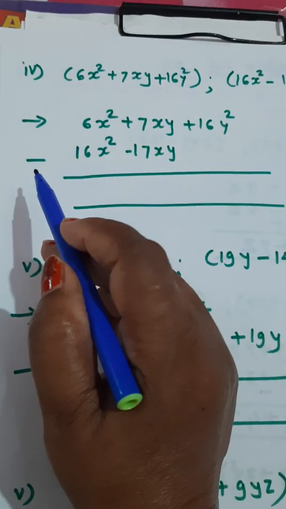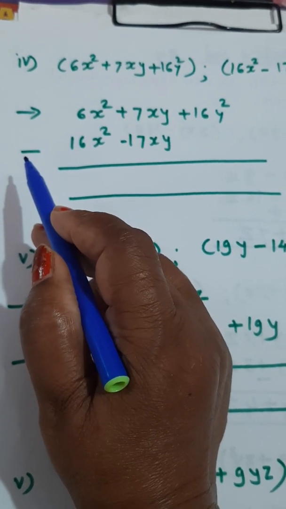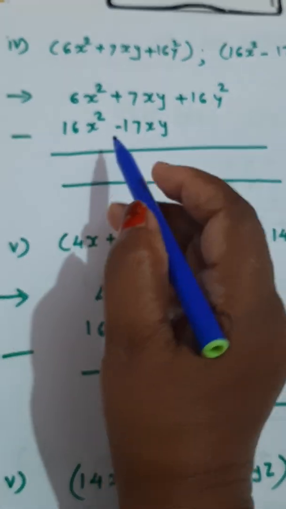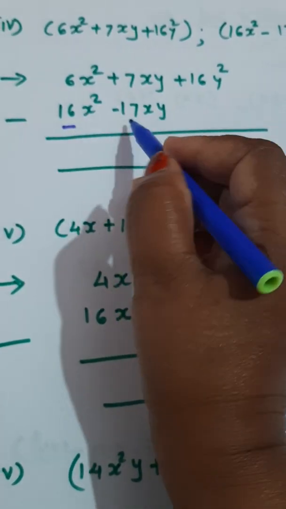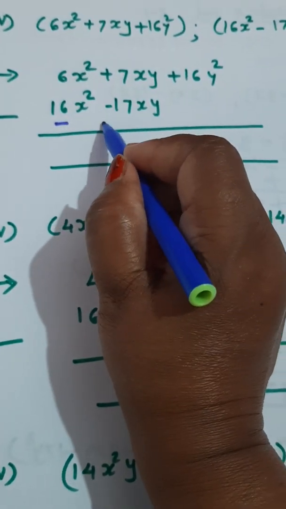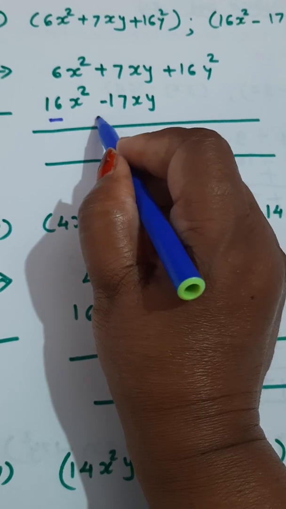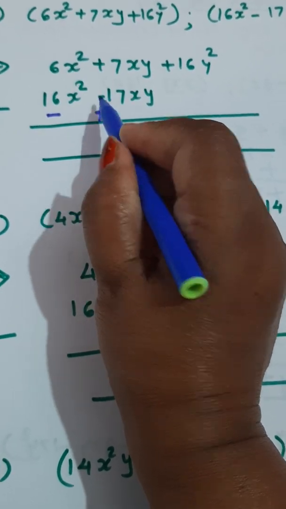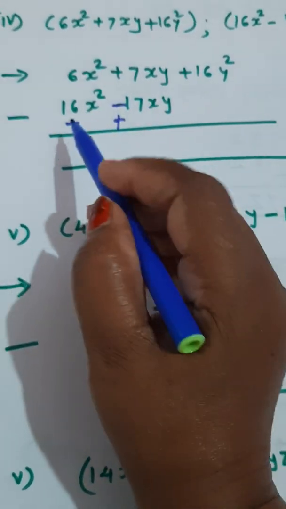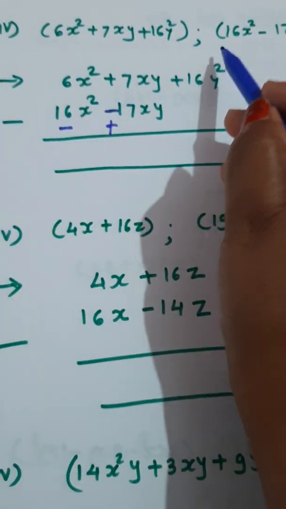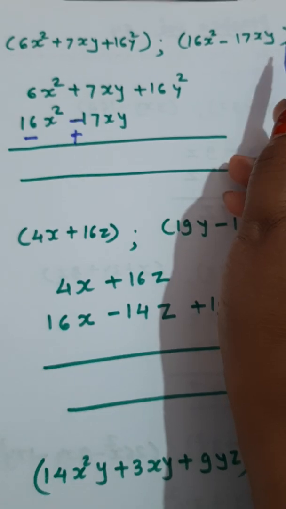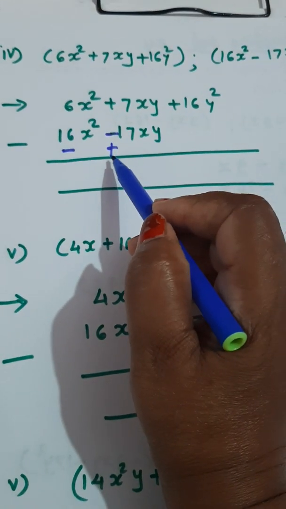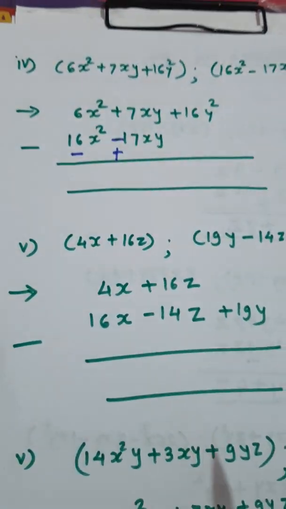Now what does our rule say? While subtraction, change signs of every term of the second algebraic expression. Now here 16x² positive, so it becomes negative, and negative 17xy turns into positive 17xy.